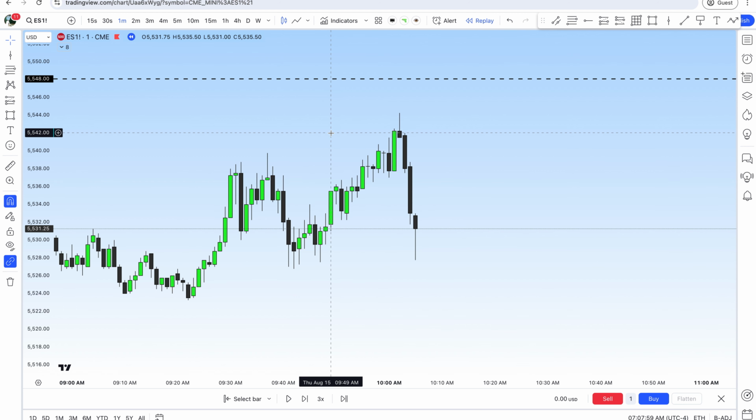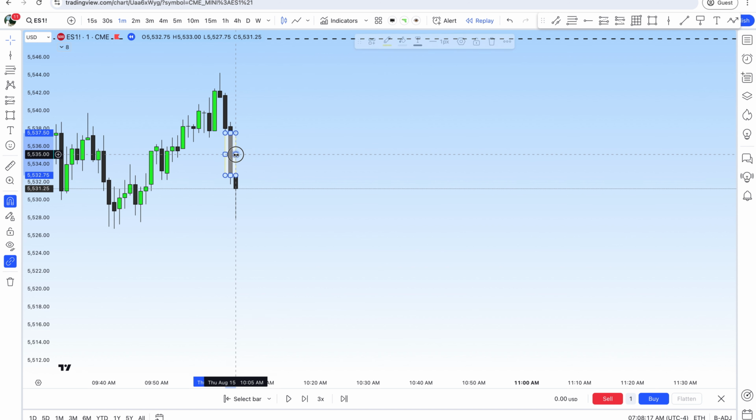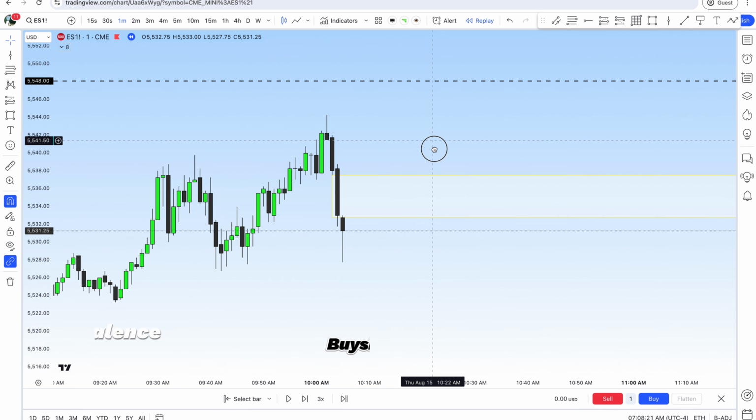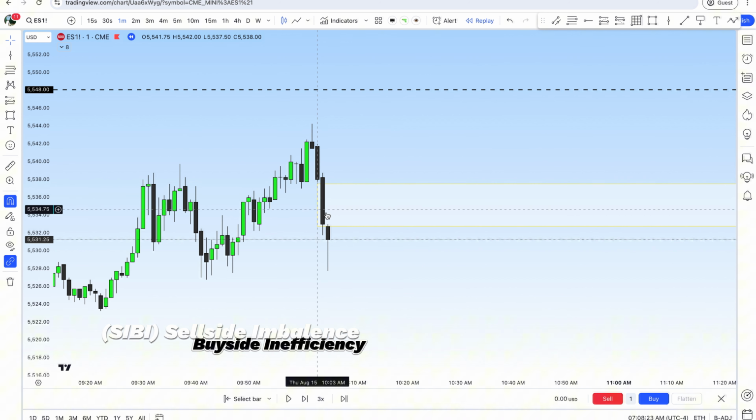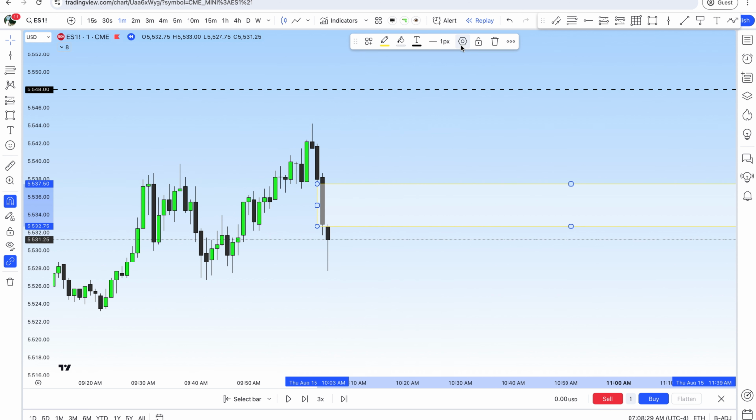Now, how did I come to this understanding when price is down here? There's a fair value gap here, but this is not a regular fair value gap. It is a SIBI, a sell side imbalance, buy side inefficiency, another algorithmic price signature.